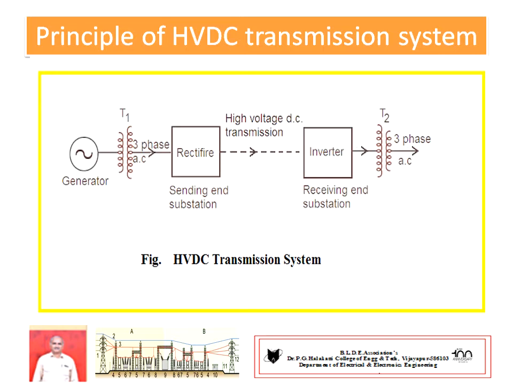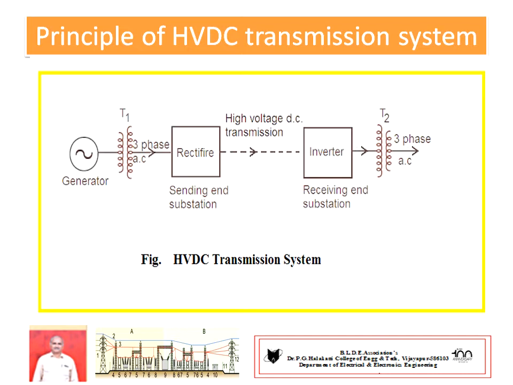This generated high voltage is given as input to the sending end substation. It mainly consists of rectifier units. So what is the function of a rectifier unit? It converts AC voltage to DC voltage.